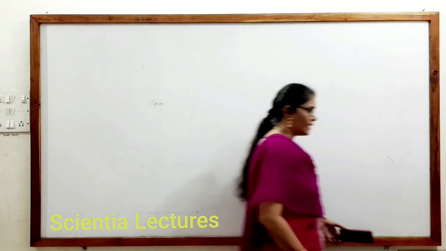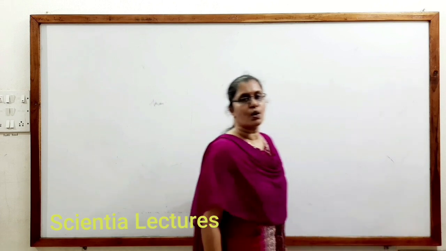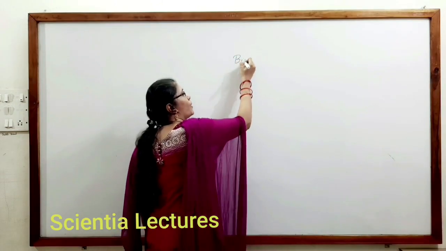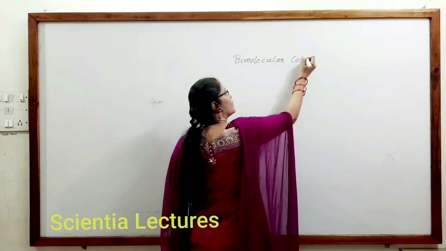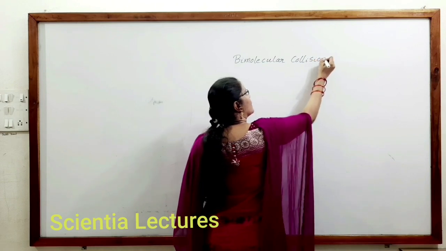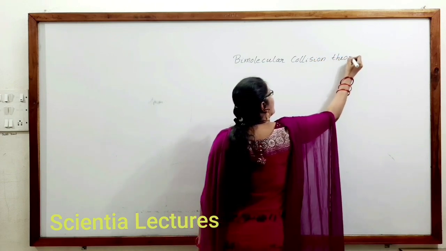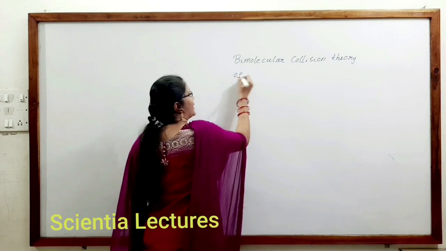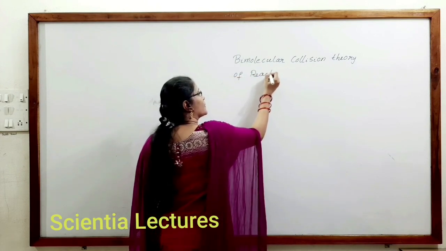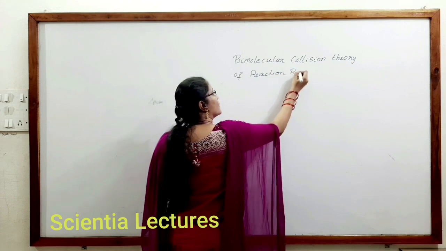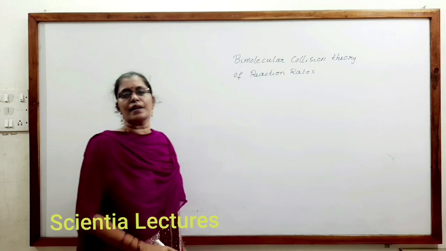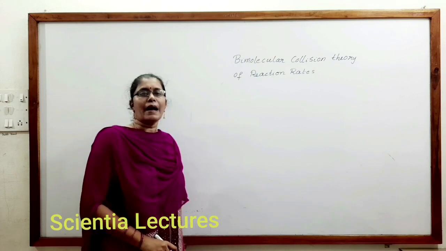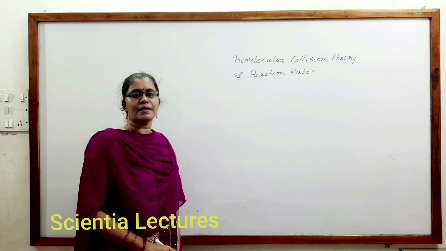Now let us see the bimolecular collision theory of reaction rates. This theory was proposed by Max Trautz in 1916 and William Lewis in 1918.